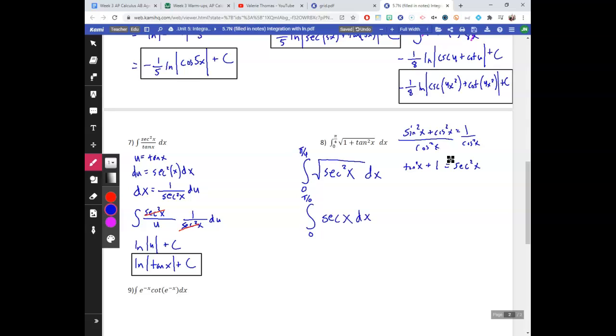Now, how much do I want to talk about this? Secant is 1 over cosine, which is an even function, right? Technically, if you take something, square it and square root it, it will be positive. Since secant is even, though, it doesn't matter whether it's positive or negative.